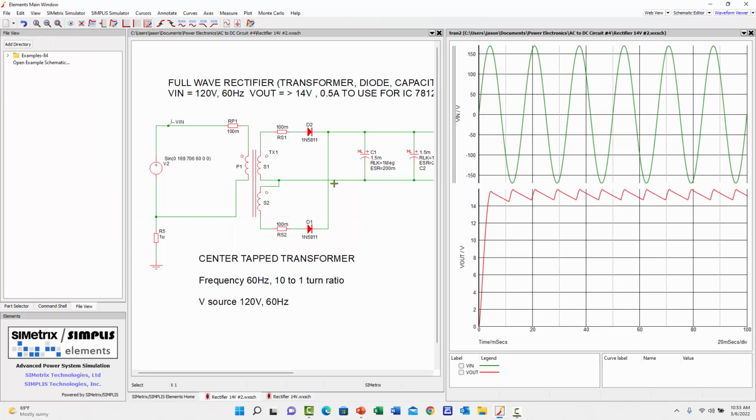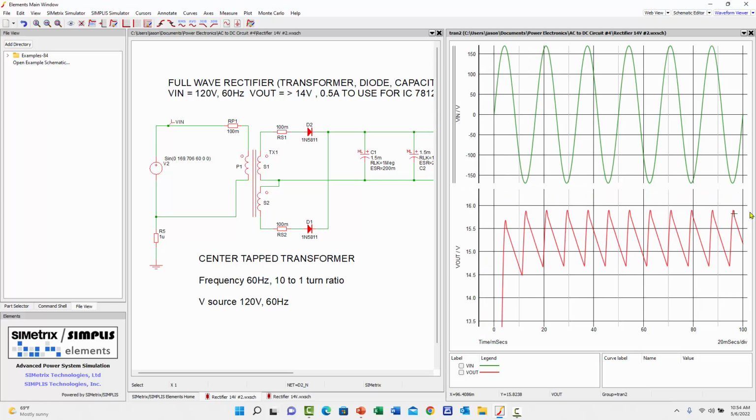The top green curve is the primary AC 120 volt RMS and 60 Hz frequency. On my output voltage now, you can see the ripple voltage.